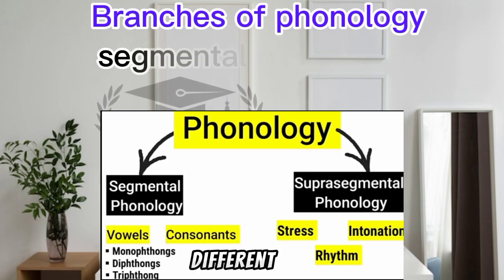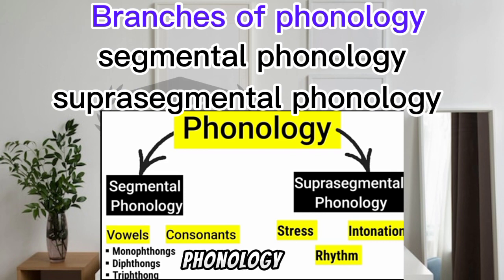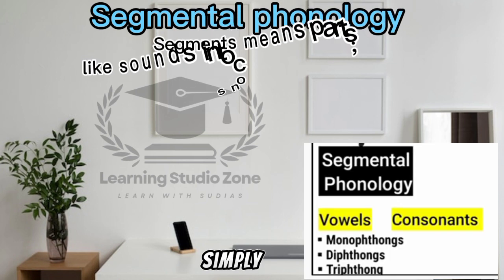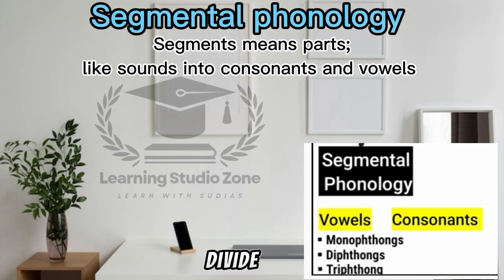Phonology has two different branches, segmental phonology and suprasegmental phonology. Segmental phonology. Segmental phonology is simply about segments, which means to divide into different parts. Like we have divided the sounds into consonant sounds and vowel sounds. Moreover, we have divided the vowels into monophthongs, diphthongs, and triphthongs.